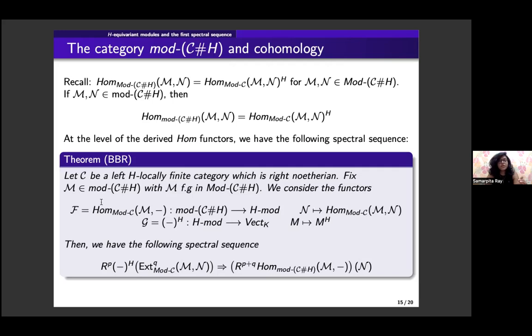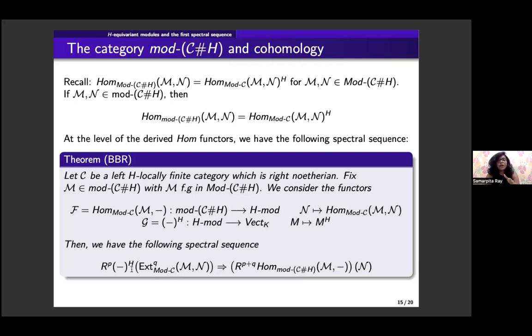But the only restriction is that C should be an H locally finite category, which is a right Noetherian category. And with suitable M, a finitely generated module, we can always compute the cohomology in these categories by using the cohomology in the base category and by taking the invariants.